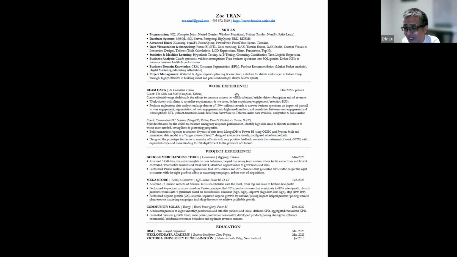I still want you to put your work experience, could be 1 job, 2 jobs, or 3 jobs, but reduce the size of the writing block, and actually put project experience on top of your less relevant work experience. So the sequence and the order of the writing blocks is extremely important.